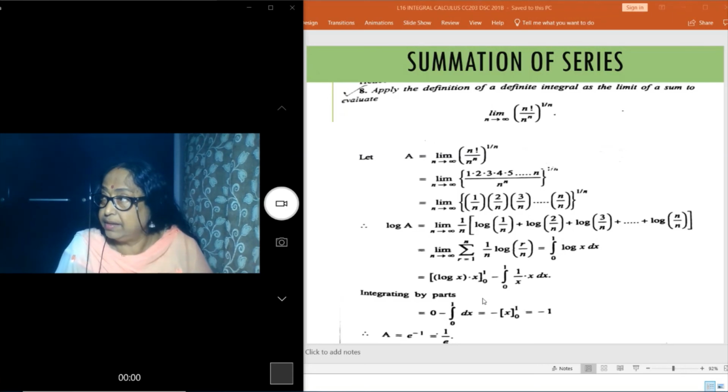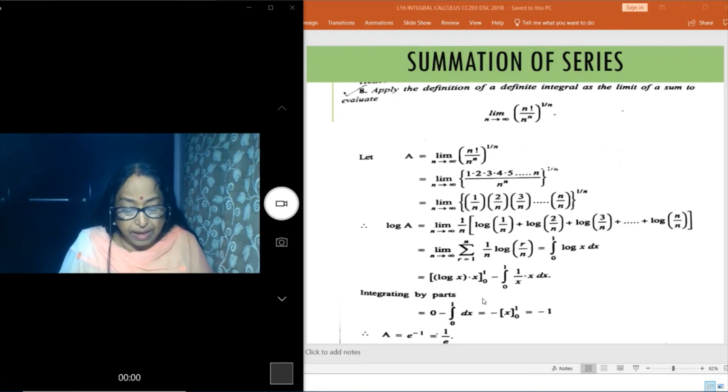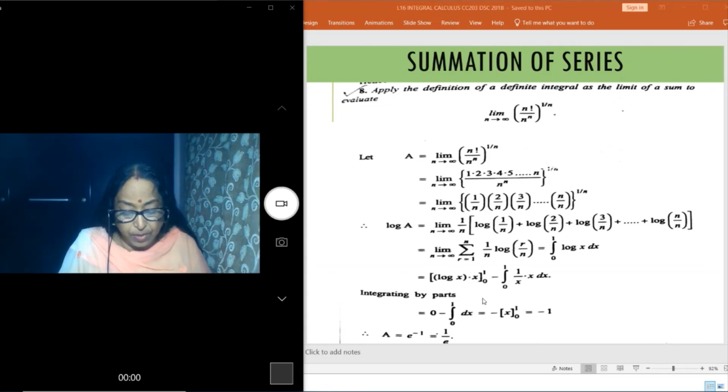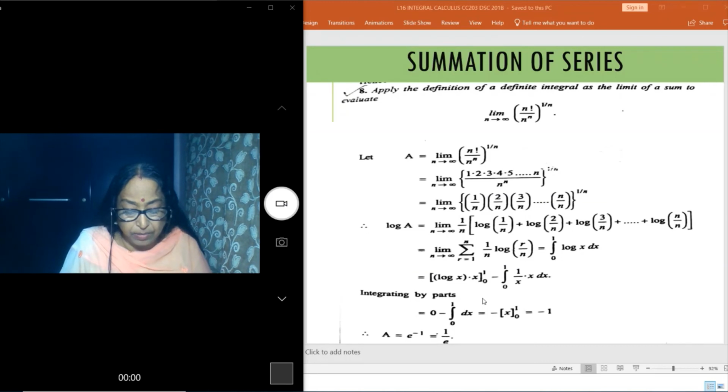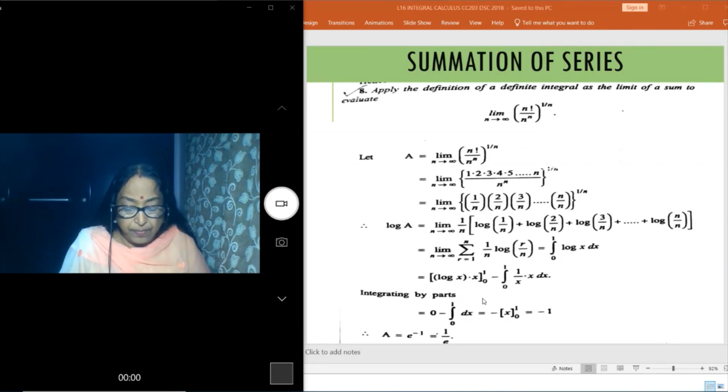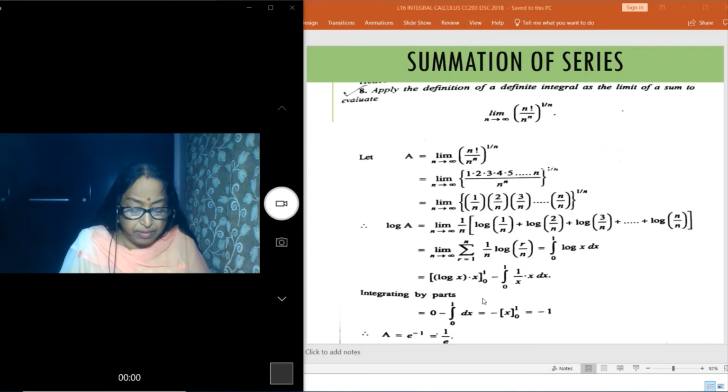Next, example 8, this is also very important. See, a is equal to (n factorial by n to the power n) whole to the power 1 by n. So n factorial means 1, 2, 3 up to n, whole to the power 1 by n to the power n.